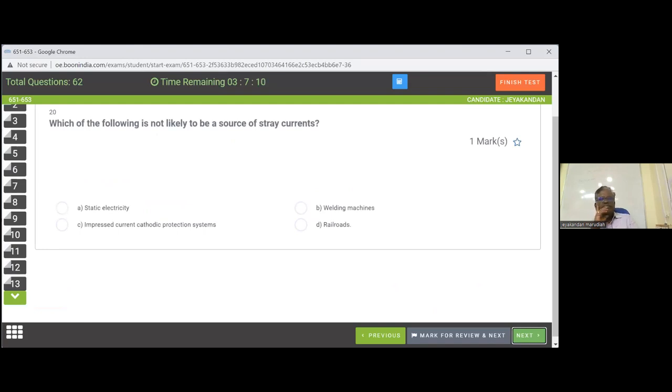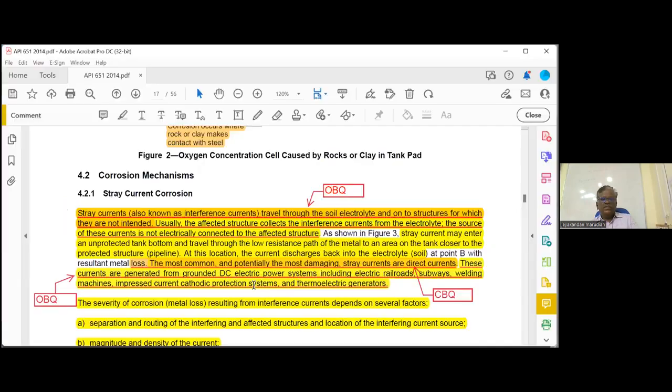Next, the following is not likely to be a source of stray current. Static electricity, welding... These are this one. Impressed current cathodic protection will not be the source. No, check. Stay here. Next line. These include railroads, subways, welding, impressed current also there. That's why I have a doubt.